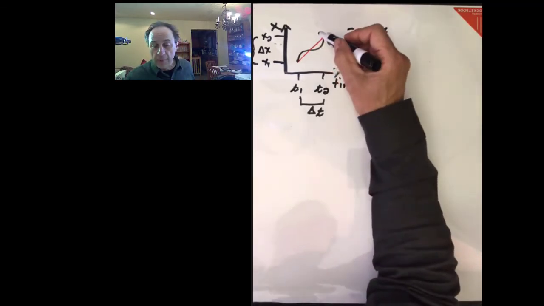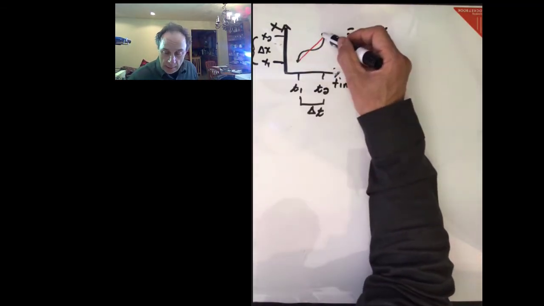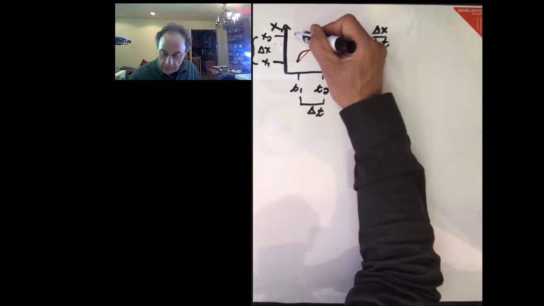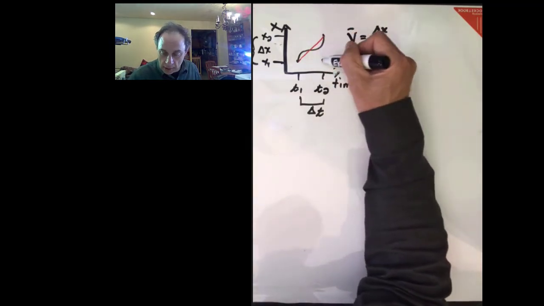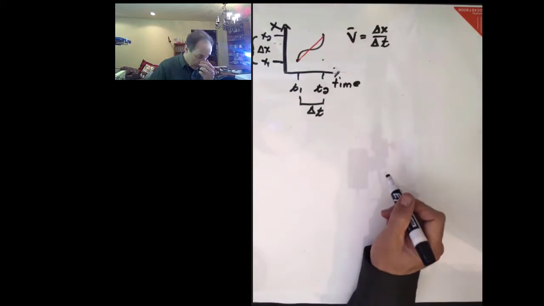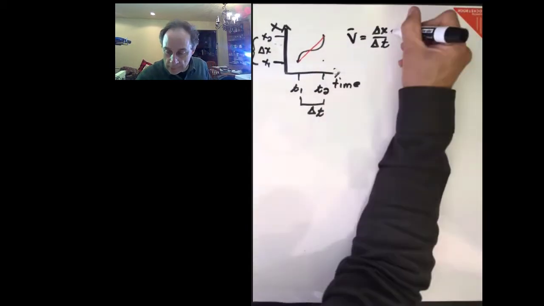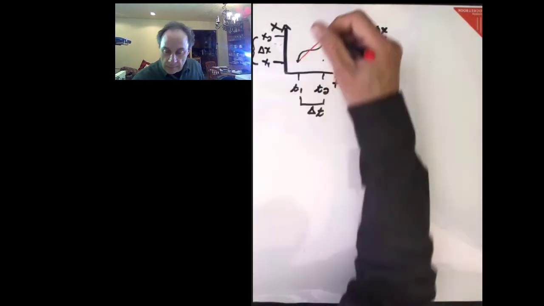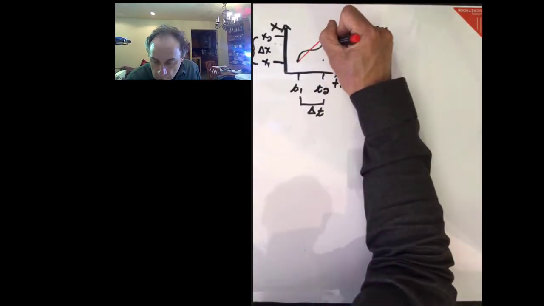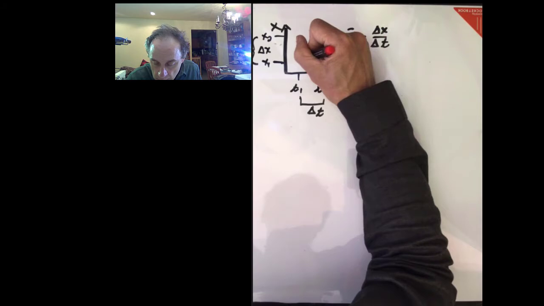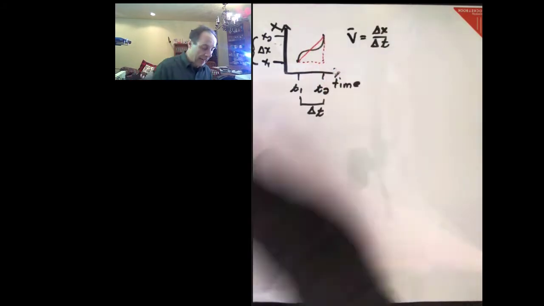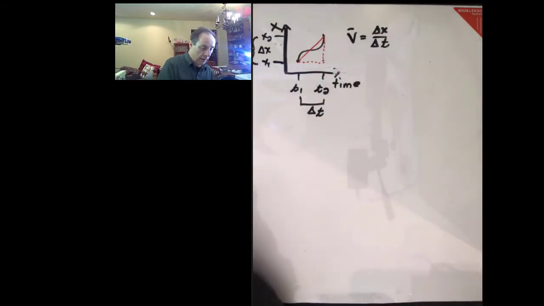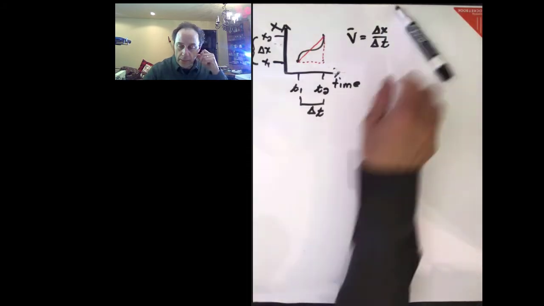Right? From x1 to x2, the change in x is here, change in t is here. That's your average velocity. So, if we were to just draw the right triangle here, it's the slope of the hypotenuse of that triangle.